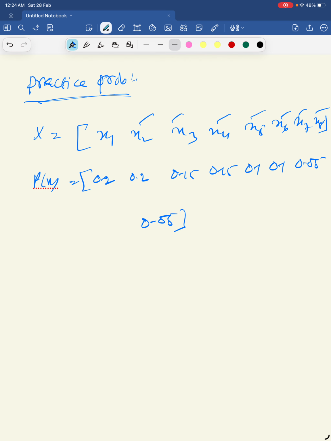So these are the values. You have to find out L bar, H of X and efficiency eta. So 3 you have to calculate.